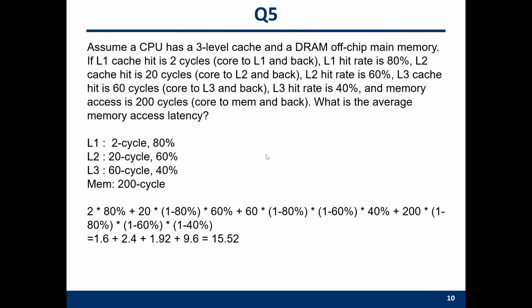In this 20%, 40% will actually go to L3 cache, and those will pay 60 cycles.